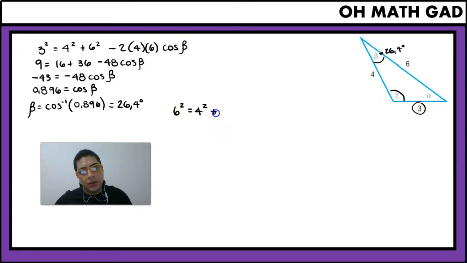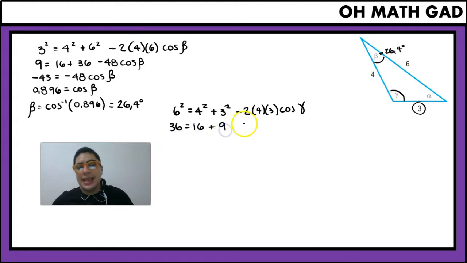So 4 to the power of 2 plus 3 to the power of 2 minus 2 times 4 times 3 times the cosine of the opposite angle to 6, which is in this case gamma. Okay, and then this is going to give us 36 is equal to 16 plus 9 minus, and then 2 times 4 times 3, which is going to be 24 cosine of gamma.